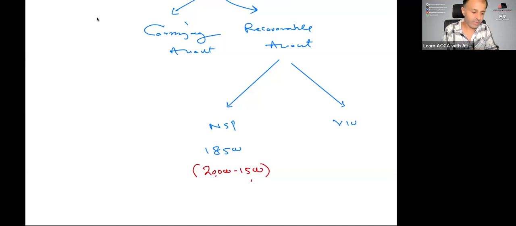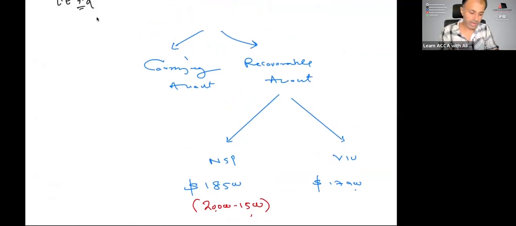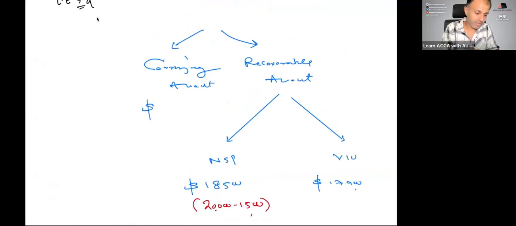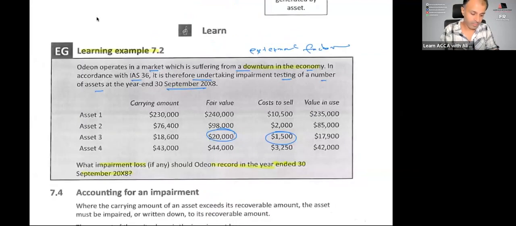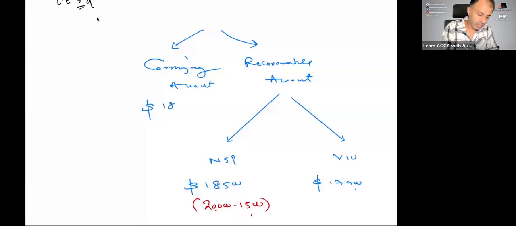While the value in use is given as 17900. While the carrying amount of that has also been given, 18600. Selection is based upon picking the highest of two, which is this one.